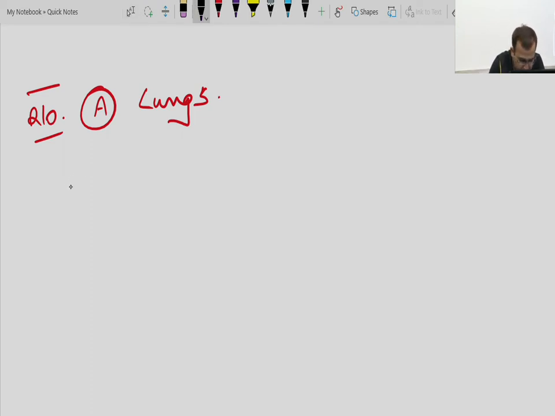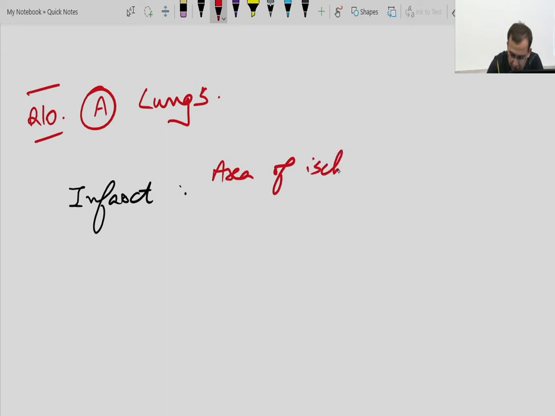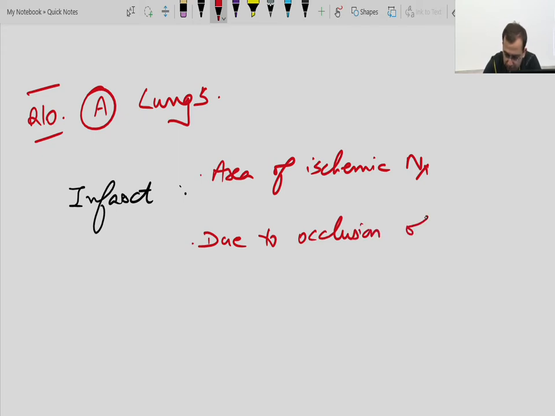What do we mean by infarct? An infarct is an area of ischemic necrosis due to occlusion of blood supply.